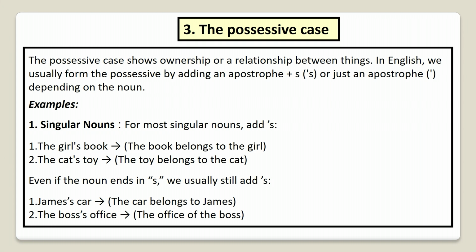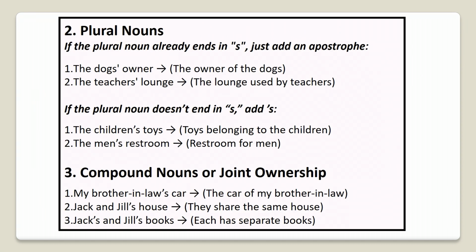That is very clear in the examples. In the case of plural nouns, if the plural noun already ends in s, just add an apostrophe, like the dogs' owner, the owner of the dogs. So, plural nouns.